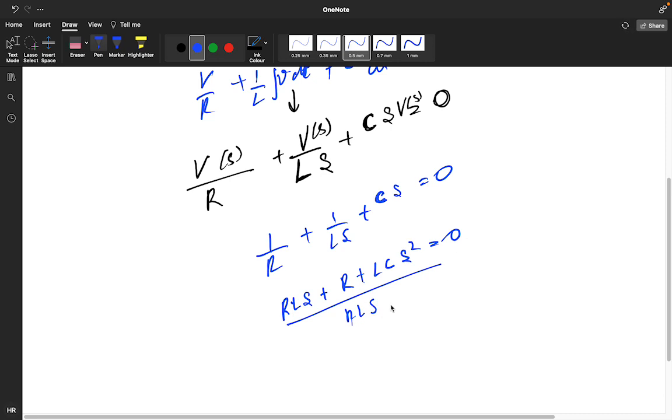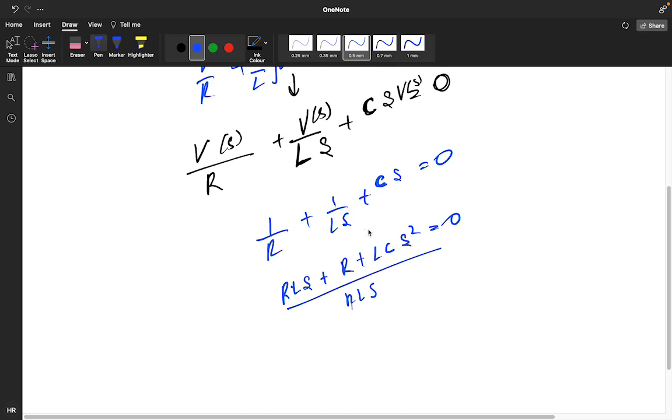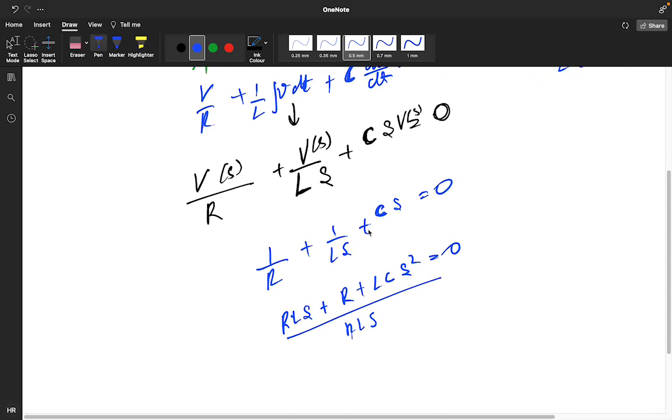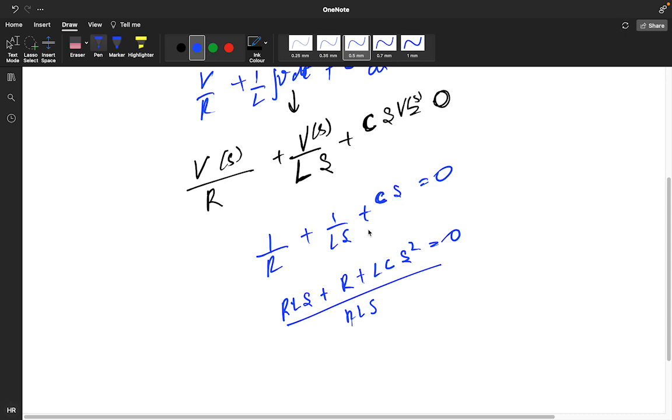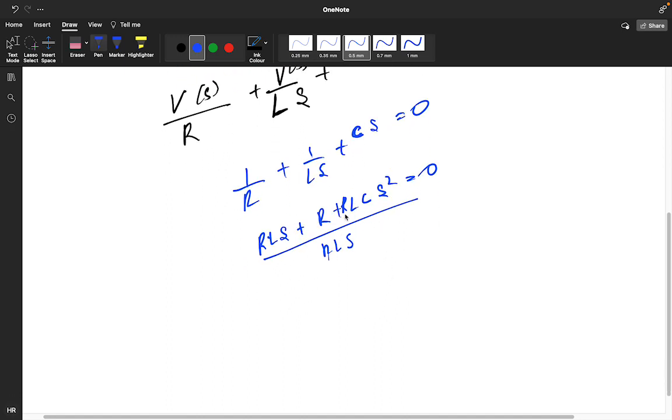Let me check if I missed something. Okay, it will come RLC. RLC is common now, so it will be multiplied. So guys, if you take R common, the equation will become like this: LS plus 1 plus LC S square is equal to 0.